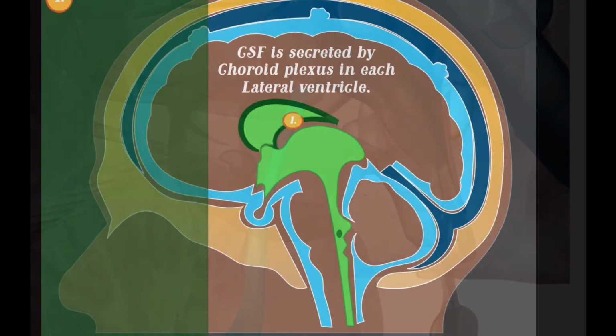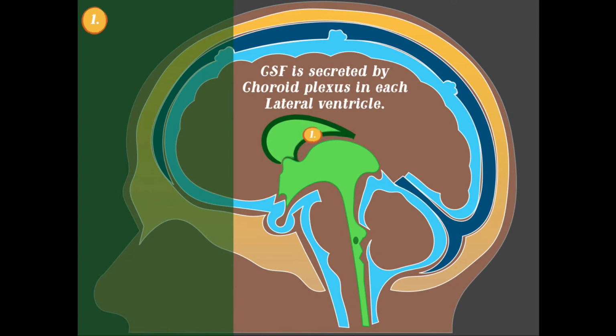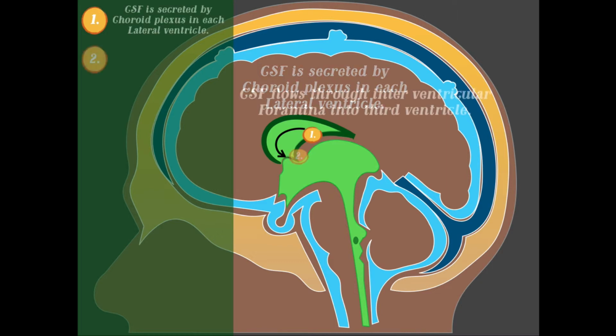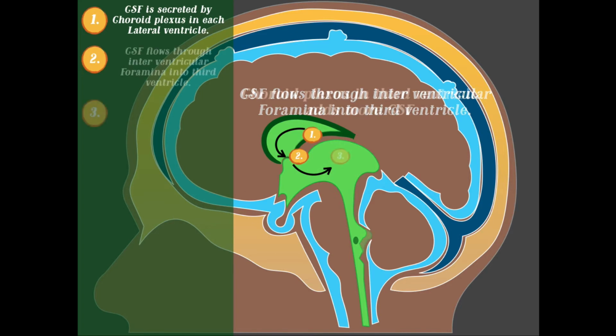These are called ventricles, and you have 2 large lateral ventricles on the lateral aspect of the head. And here's where the cerebral spinal fluid is first made and secreted, and it fills up this cavern, if you will, in the brain. And as it's filled up, it drains into what's called the ventricular foramen. Remember foramen from bones? Foramen meaning basically a hole. So it goes into the foramen and it drains into the next cavern, which we call the third ventricle.